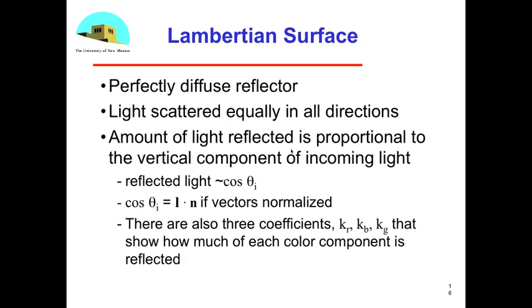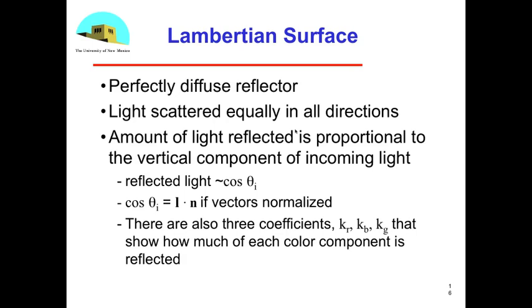However, the amount of light reflected is dependent on how high in the artificial sky the light is. If the light is striking it perpendicularly, think about the sun: when the sun is right overhead, it's at its brightest, but as the sun goes down, it gets less and less light.